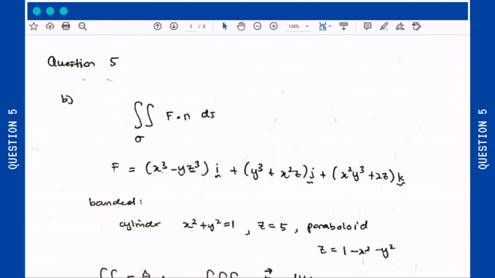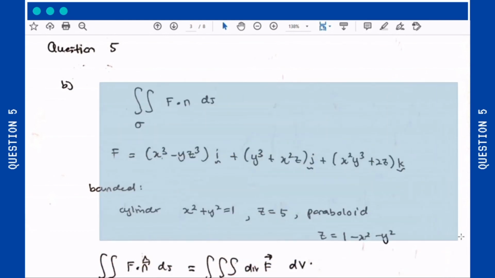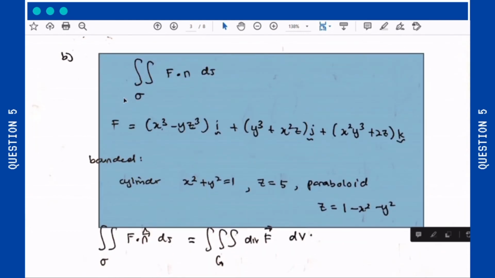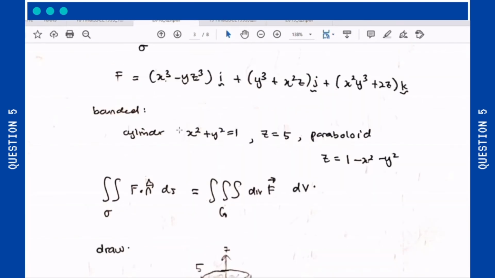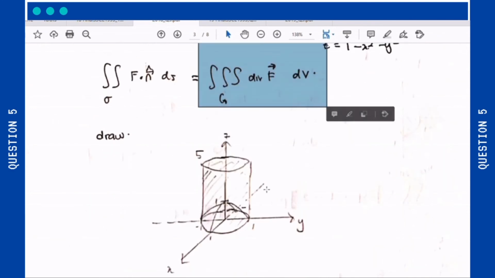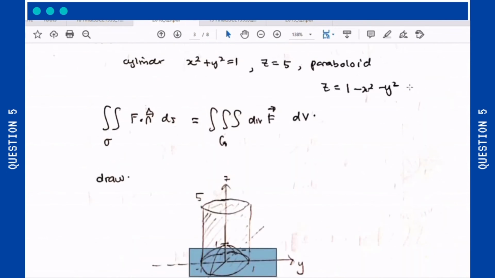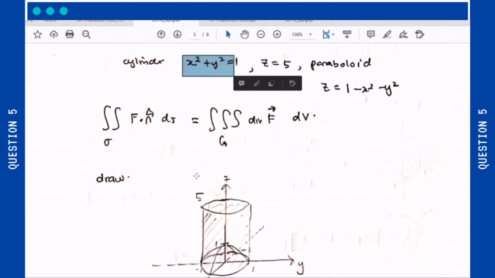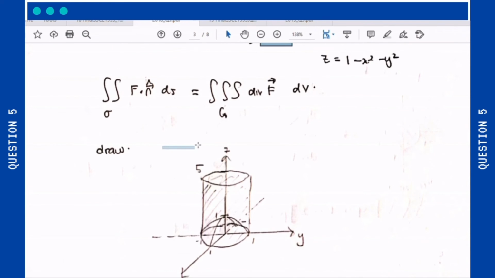Okay, first we draw. We list all the things given by the question, and we also know that this formula is the same as this formula for the divergence of vector F. Now we draw the paraboloid, the equation of the paraboloid, and the equation of the cylinder with the limit of z equal to 5.